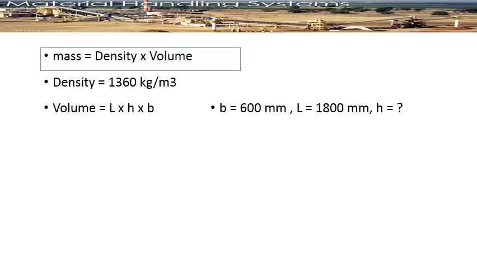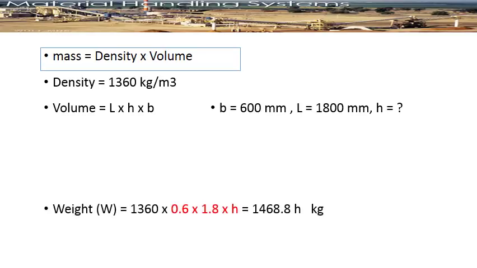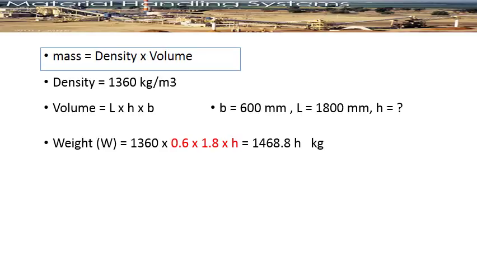So we can rewrite the equation of the mass by using the known values and keeping the unknown as it is. So the volume multiplied by the density: the volume is 0.6 meters, which is the width, multiplied by 1.8 meters, which is the length, multiplied by h.